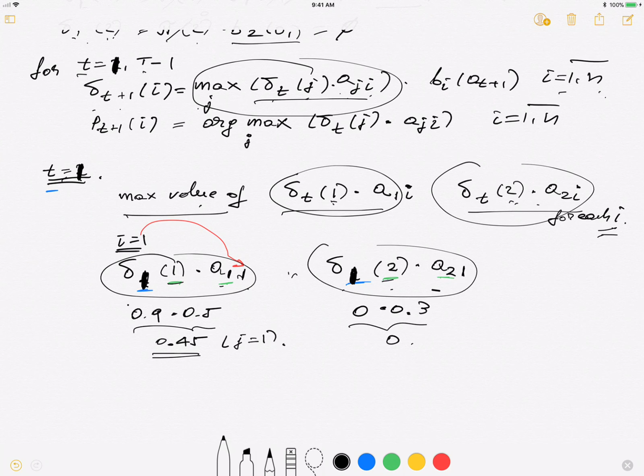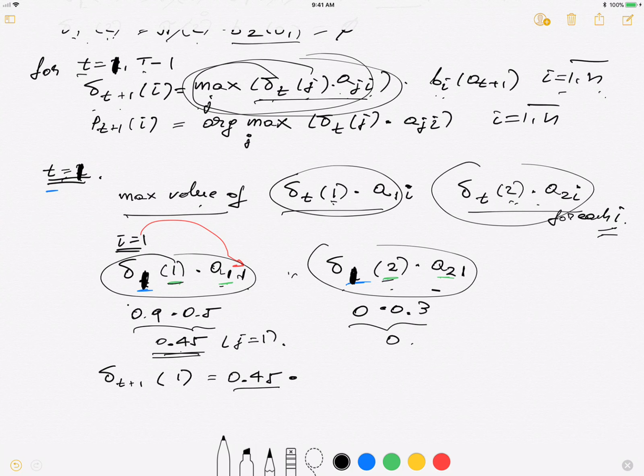Therefore, I can say that delta t plus 1 of 1 is equal to this maximum value, which is 0.45.